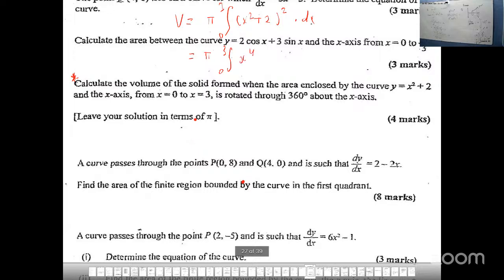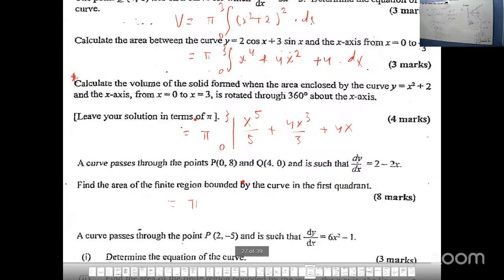So you'll get x to the fourth plus 4x squared plus 4 for the expansion. Now you have to integrate it first and then plug in 3 and 0. That's the integral there. Then I plug in 3 and I plug in 0.